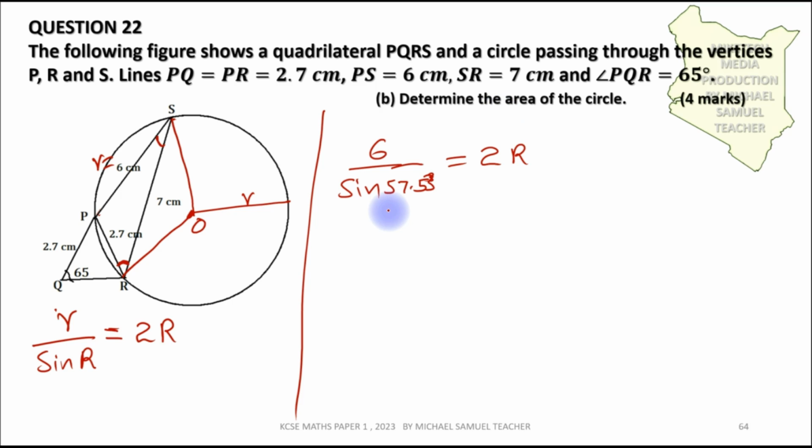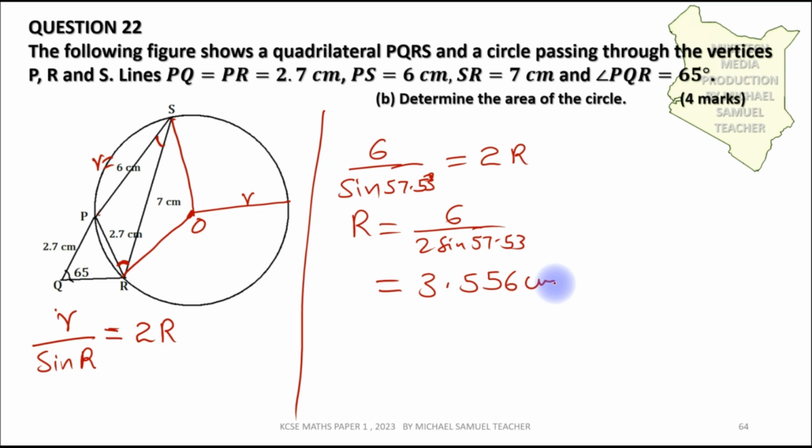Then therefore R will be equal to 6 over 2 sine 57.53, and this we end up getting 3.556 centimeters.